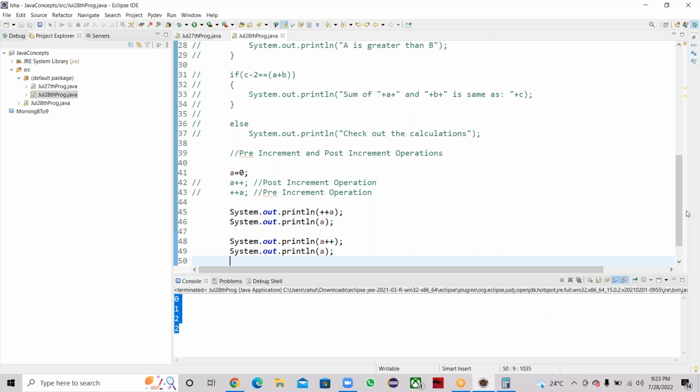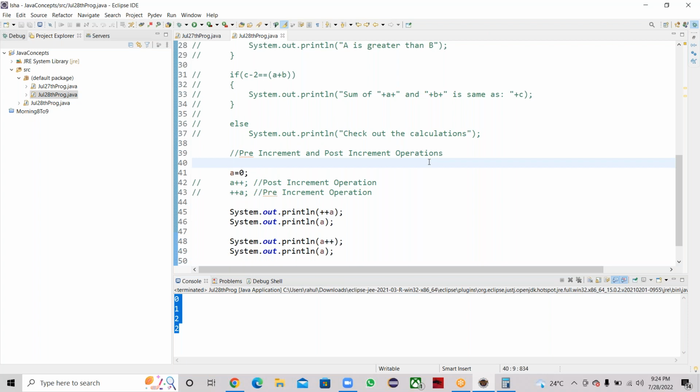First line, it is 0. Second, increment. Then 1 plus 1 equal to 2. Again, print a, 2, right? I understood it like that. Is that the answer?